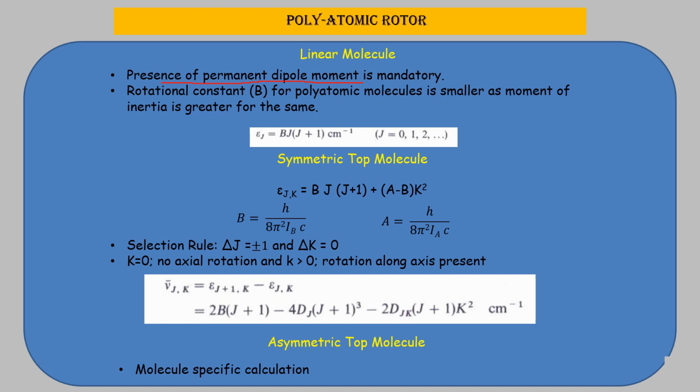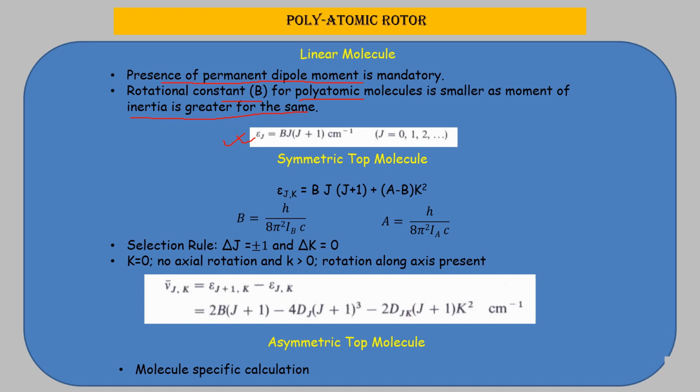And as the number of atoms in a molecule increases, the B value is smaller for a polyatomic molecule than for a diatomic molecule. So for a triatomic linear molecule, if we use the concept of the diatomic rigid rotor, we can determine the bond length using the same concept.